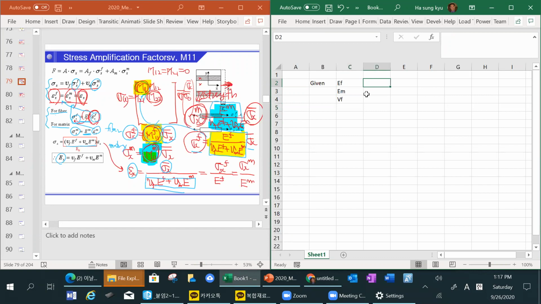EF can depend on the fiber property, like carbon or glass, but let's choose 300 gigapascal. For the matrix, let's say epoxy, then about 3.3 gigapascal.